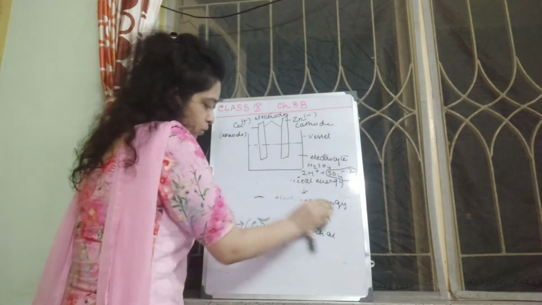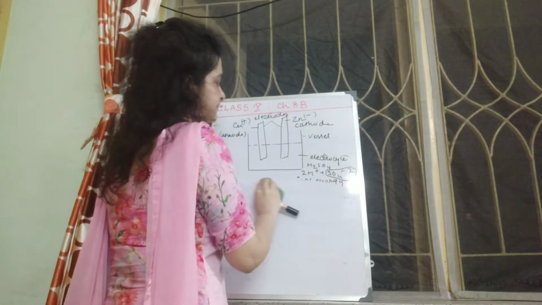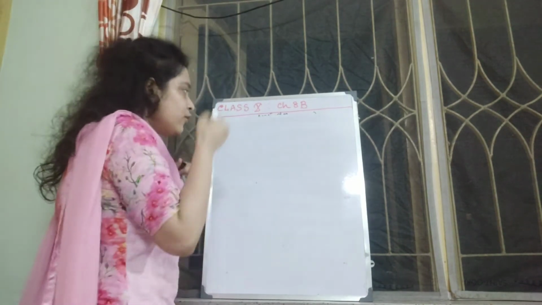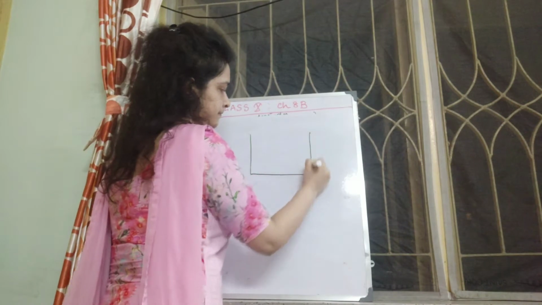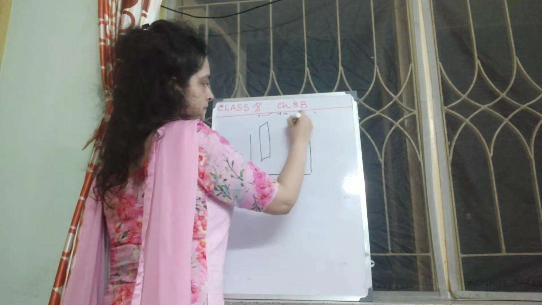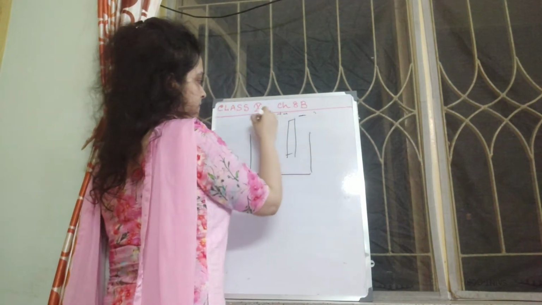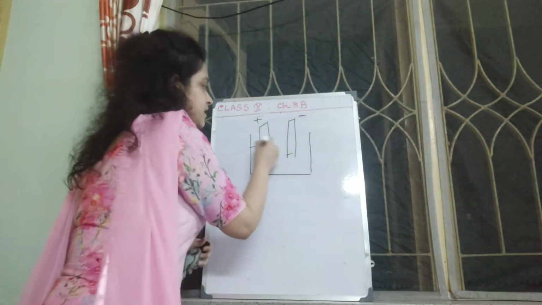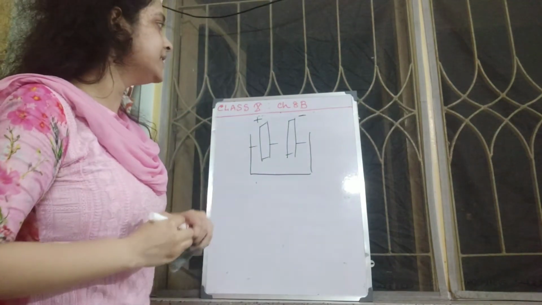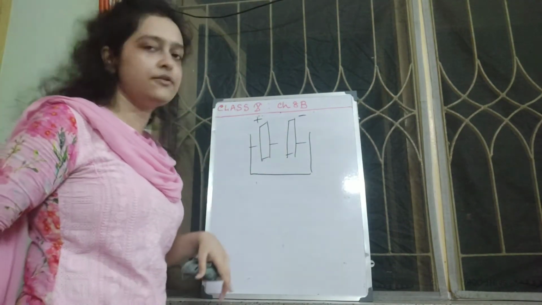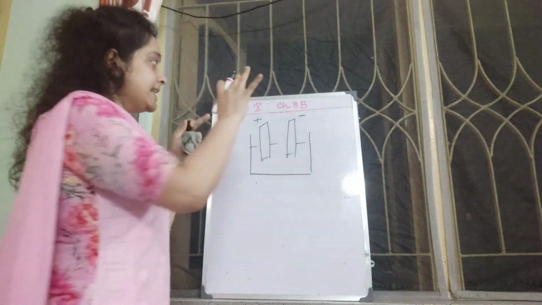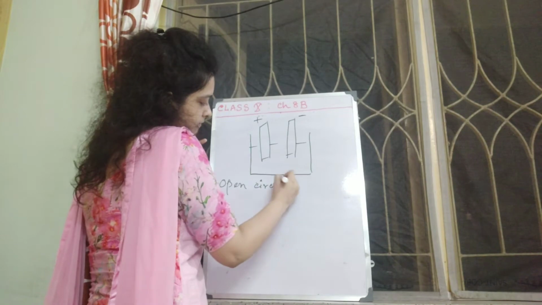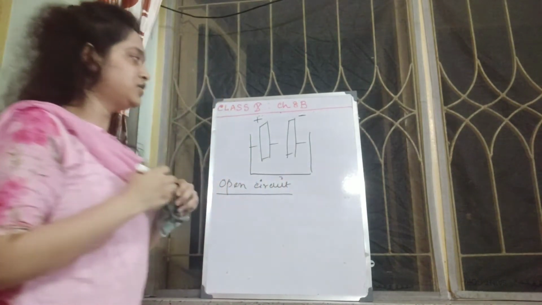So, when you have the potential difference between the two electrodes of the cell in the open circuit condition.